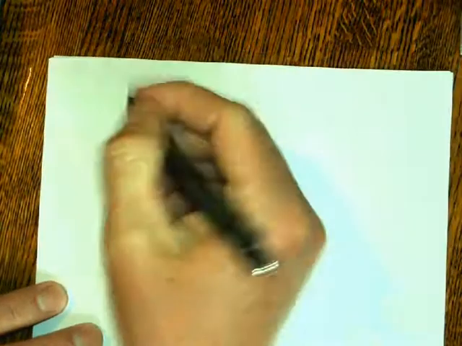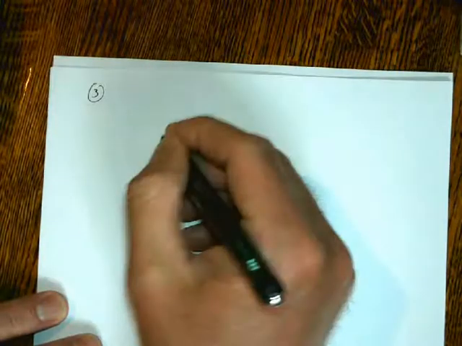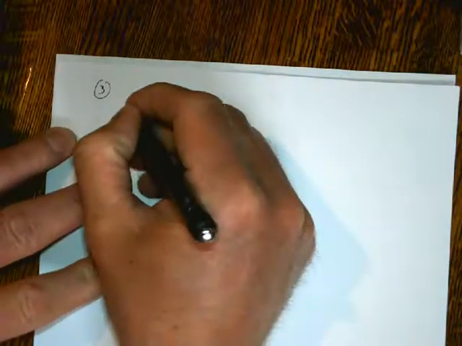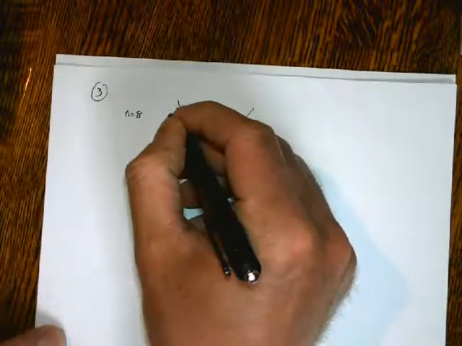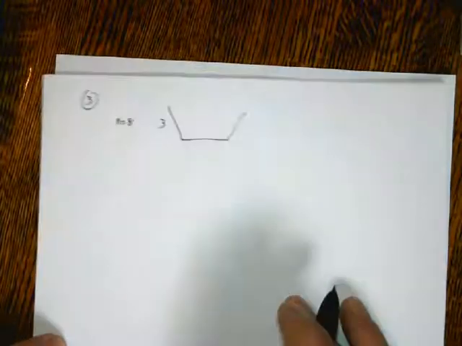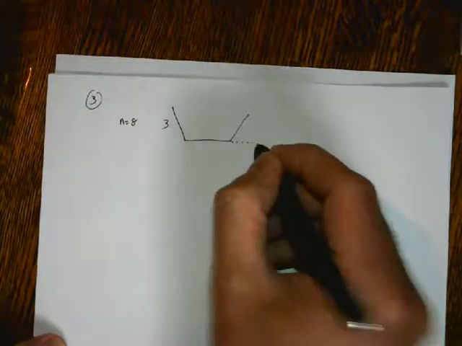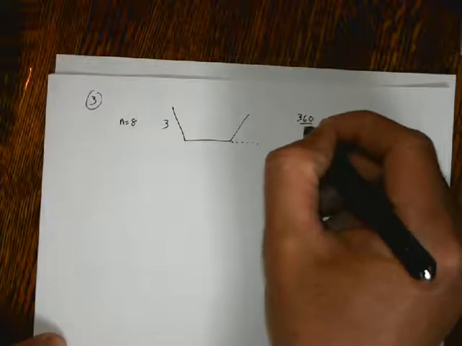The third one, number 3, was an octagon. So it had 8 sides. Side lengths of 3. Work with the outside. 360 divided by 8.